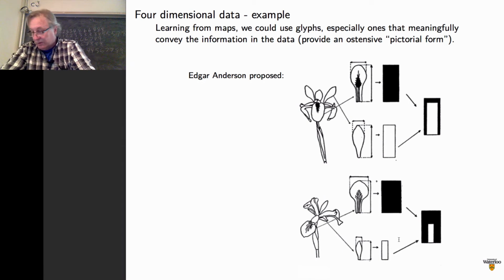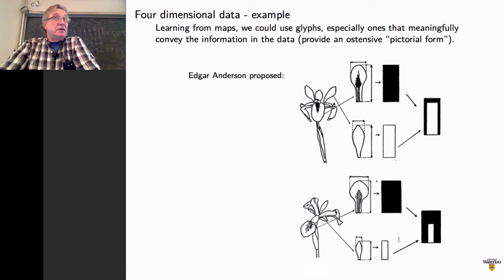In learning from maps, what we might do is represent every one of these points in the 4-dimensional space by a glyph. Now, a very natural looking glyph for this particular collection of measurements is just using this rectangle, because we know that the petal is fitting inside of the sepal.